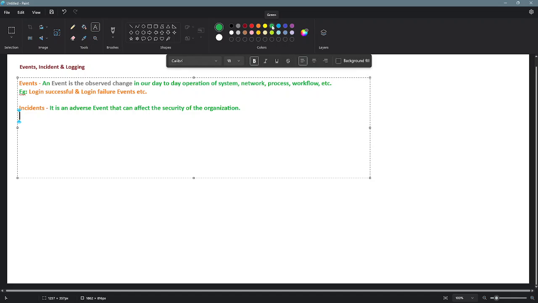Some examples are malware infection, which can be viruses, worms, ransomware, and after that brute force attack, etc.